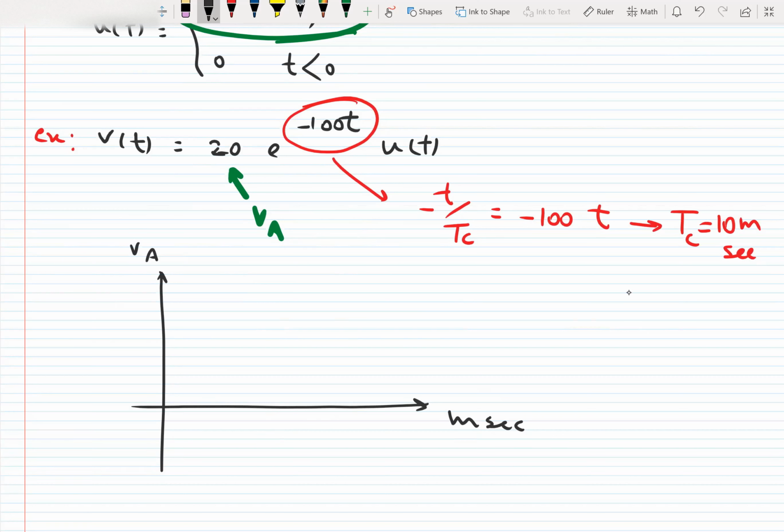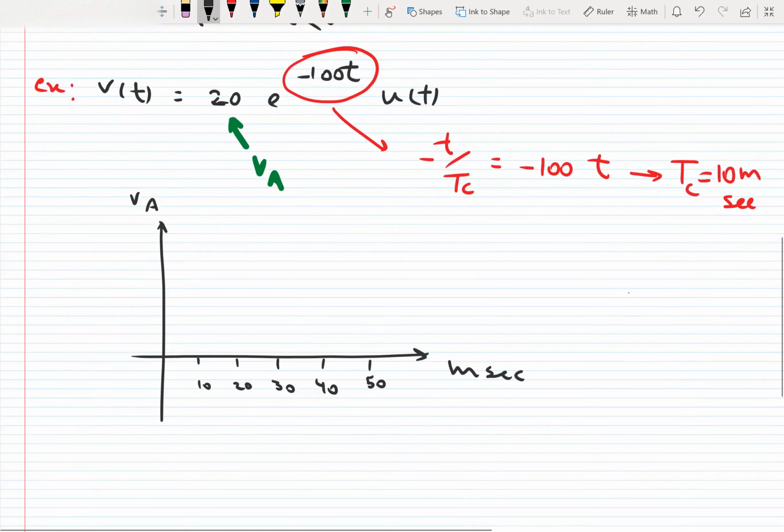Okay, so 10 milliseconds is 1 Tc, 20 milliseconds is 2 Tc, 30 milliseconds is 3 Tc, and 40 milliseconds and 50 milliseconds.